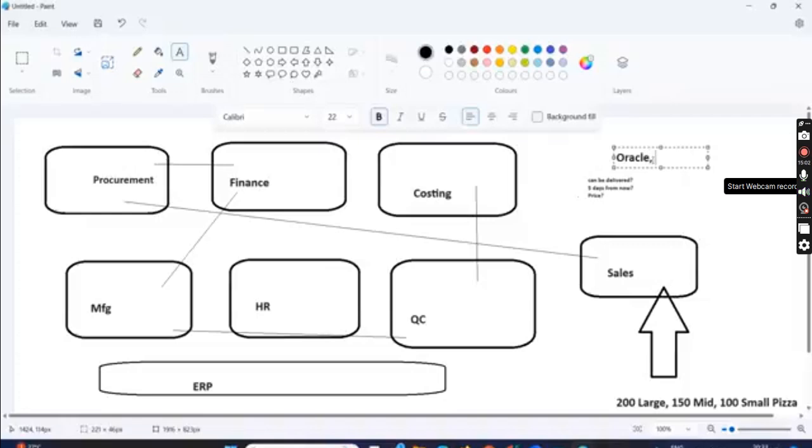Similarly, there is something called JD Edwards, then they have Baan, and they have PeopleSoft. PeopleSoft is good for HR. So there are different ERP solutions available in the market, but Baan is good for manufacturing.